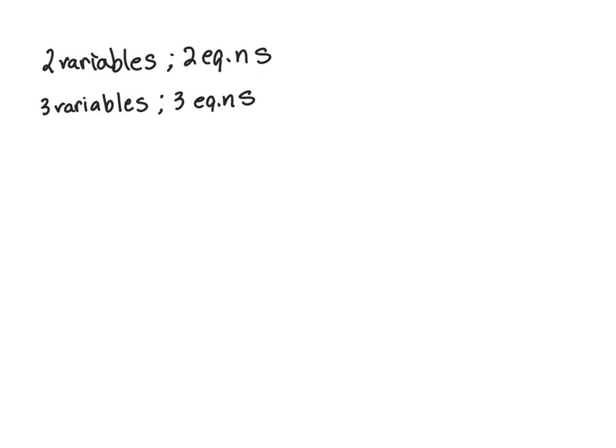So writing the first system that we did, writing that in augmented matrix form. Some of you have done this already, some of you have not. So I'm teaching it as new material here.